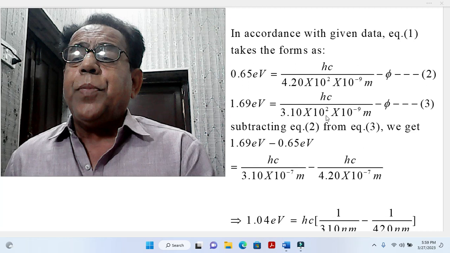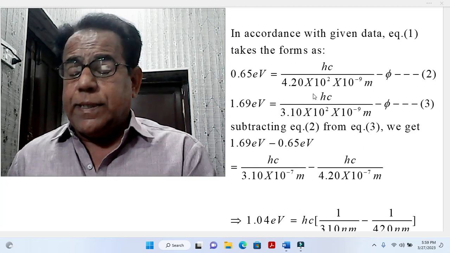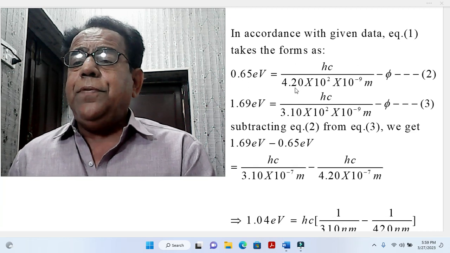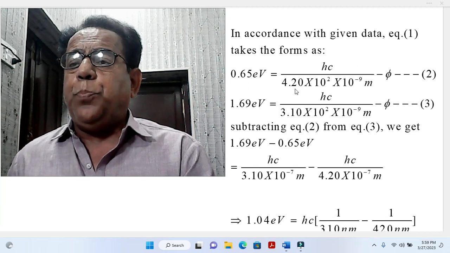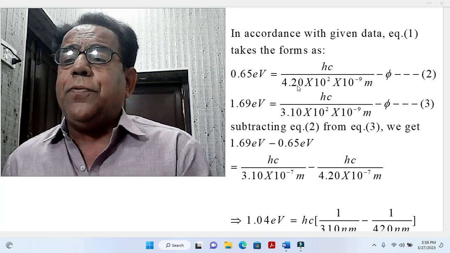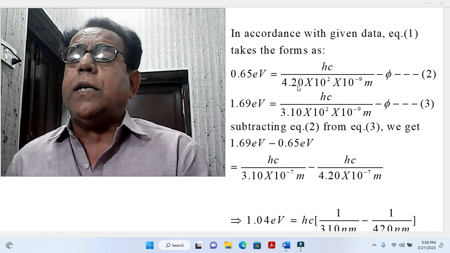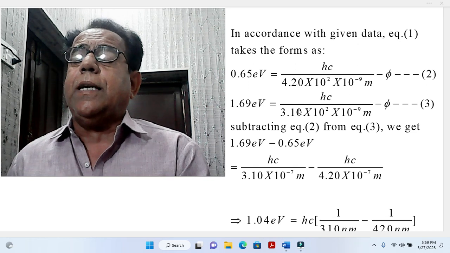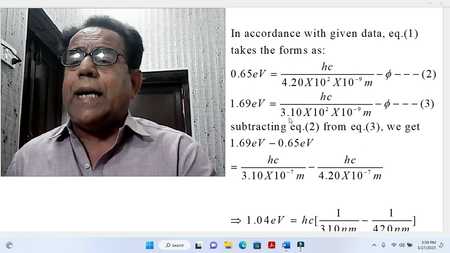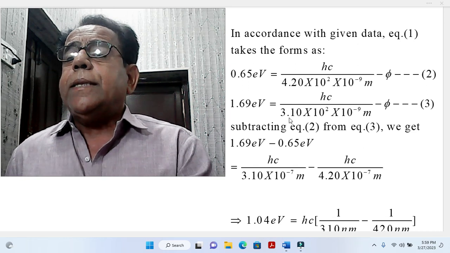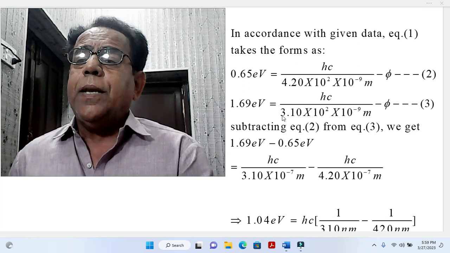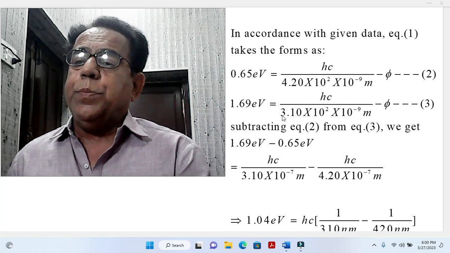It is just our discretion whether we write this wavelength in this form, or as 4.2 into 10 to power minus 7 meter, or as 420 nanometer. Similarly, for this wavelength it is our discretion whether we write it as 3.10 into 10 to power minus 7 meter or 310 nanometer.